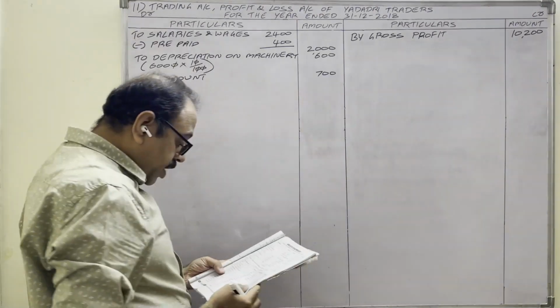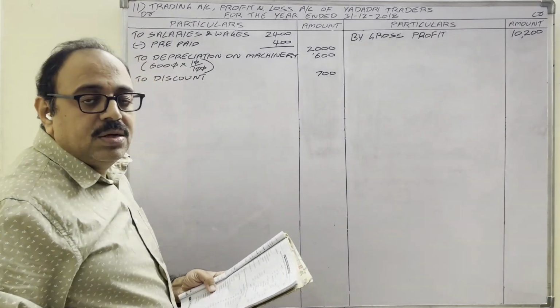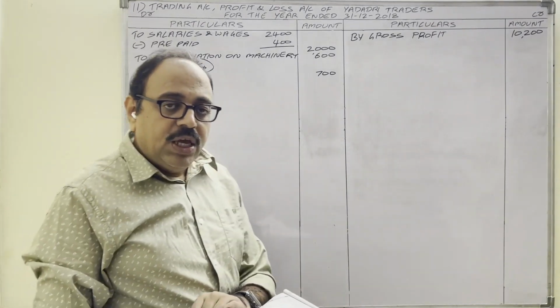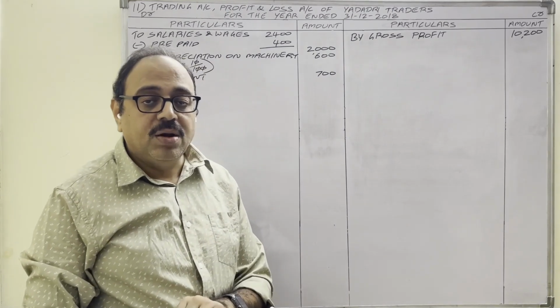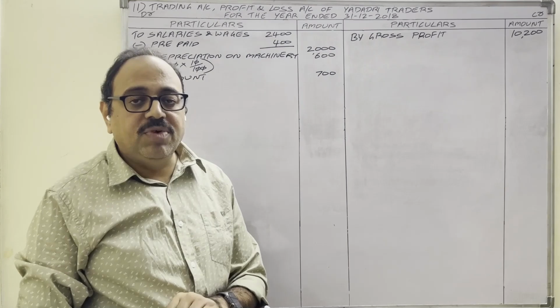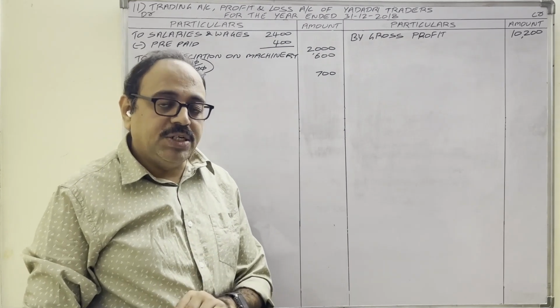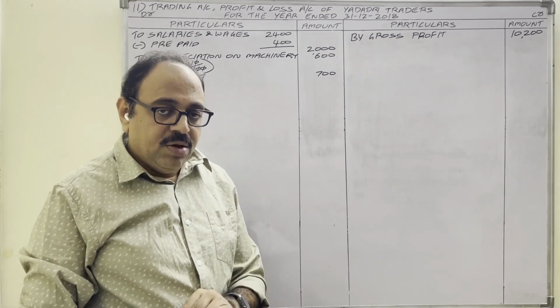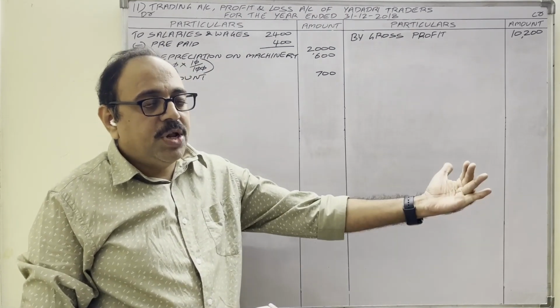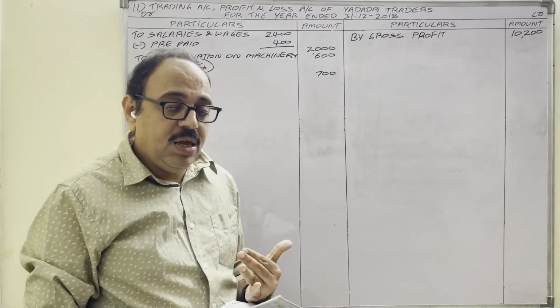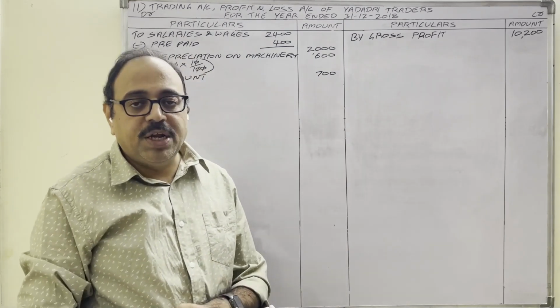700 rupees. Next, carriage on sale. Carriage means transport. If only carriage is given, or carriage on purchase, or carriage inward is given, that is direct expenditure, trading account debit side. Because in all these three words, the meaning is that we are bringing goods from the supplier's place to our factory and we paid the transport expenditure.